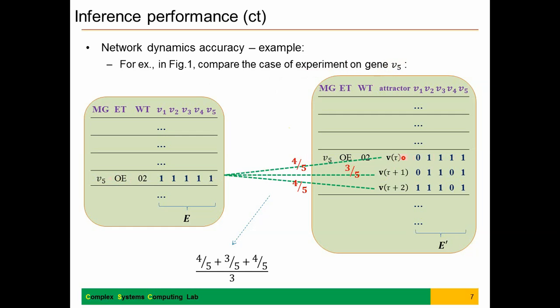So we compare each state of the attractor with the given phenotype here. For the first state, we have four identical values separated away from the wild type. For the second state, we have three identical values. And finally, we get the average result here.